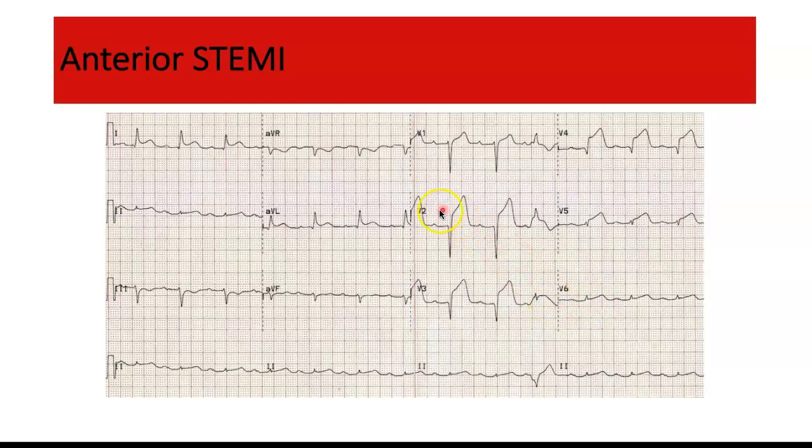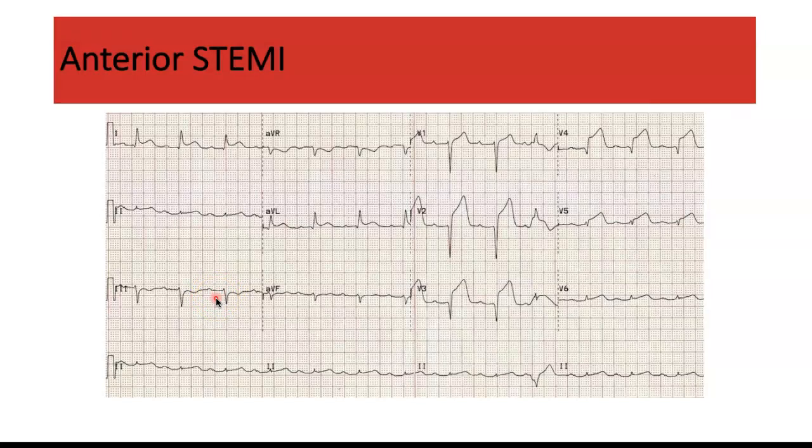But we would consider this an anterolateral STEMI. The rate is about 75. There are P waves. We can see P waves here. Here, it looks a little long with the PR interval here. So there may be a bit of a first degree block here.